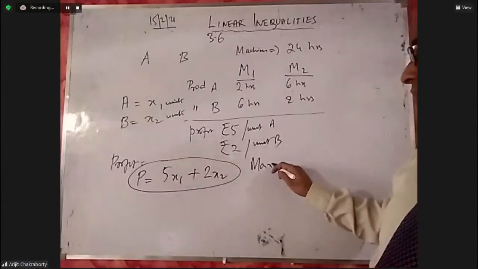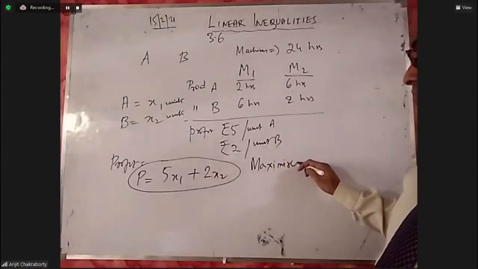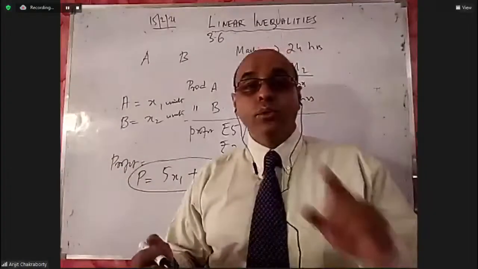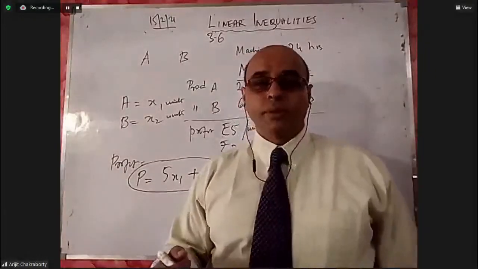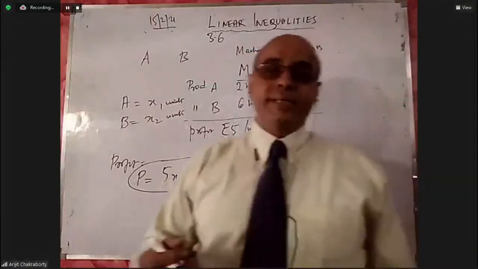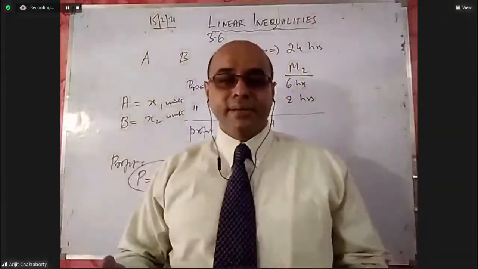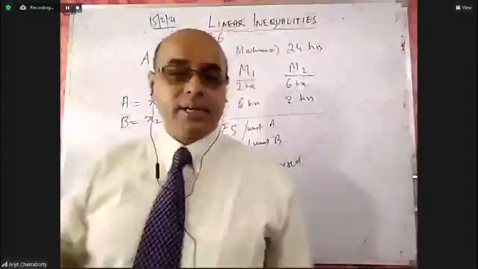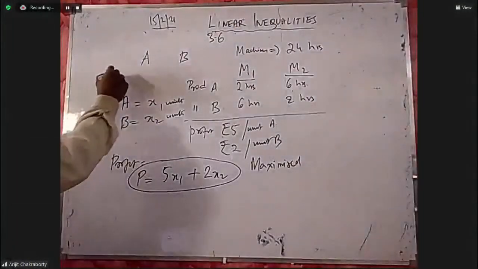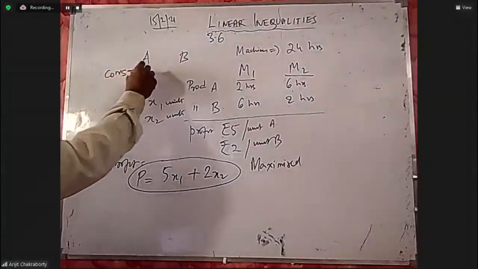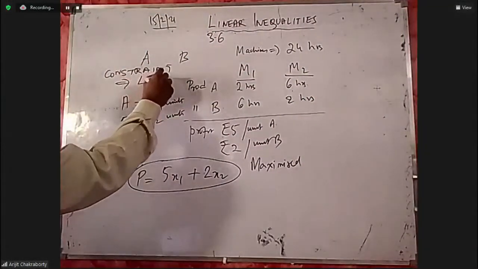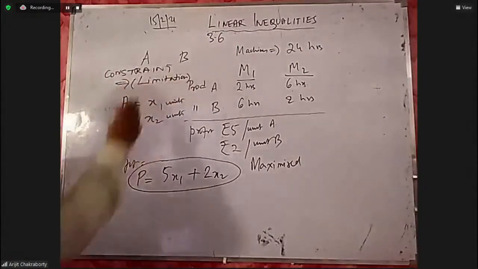This has to be maximized because the question is that you have to maximize the profit, but you have a constraint. There is a constraint in the problem. What is a constraint? Constraint means limitation, right? Let me write it here. What is the limitation here?